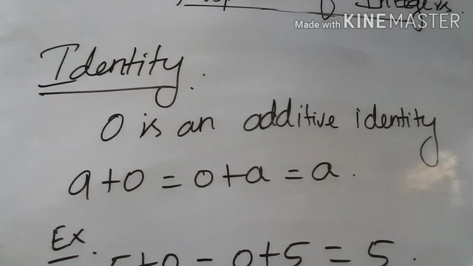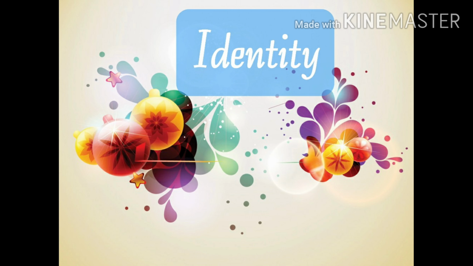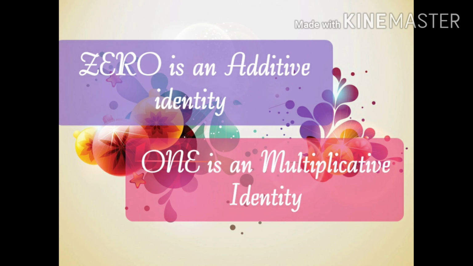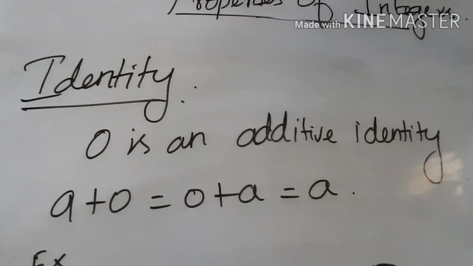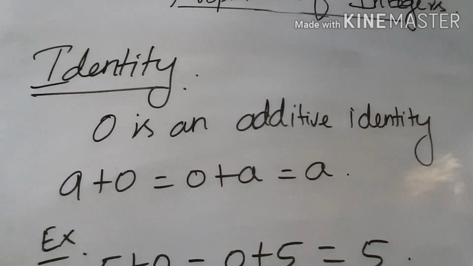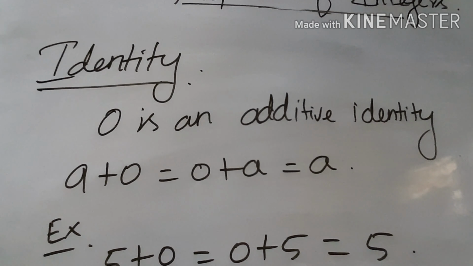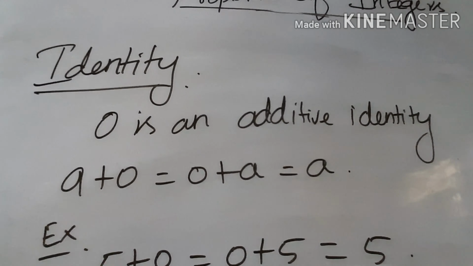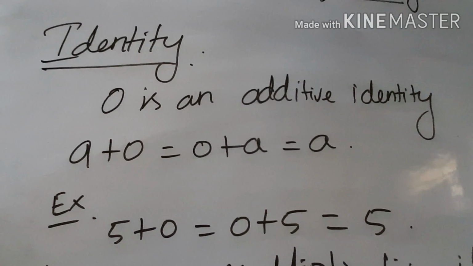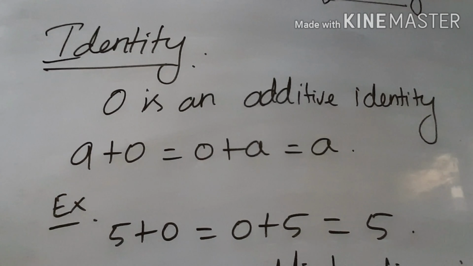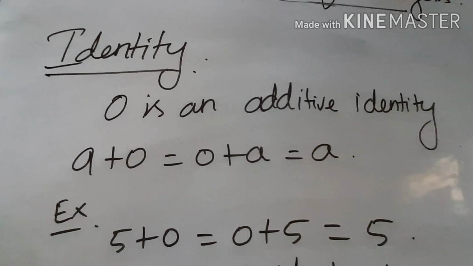Next one is identity. 0 is the additive identity. When you add 0 to any number, it gives the same number. For example, taking 5, 5 plus 0 and 0 plus 5 is equal to 5.